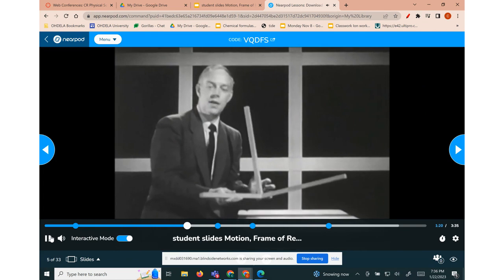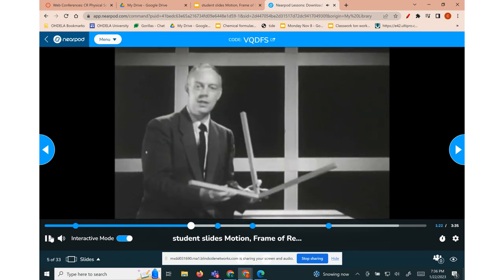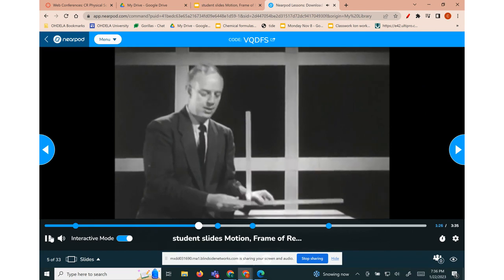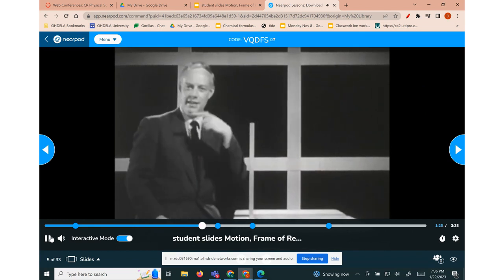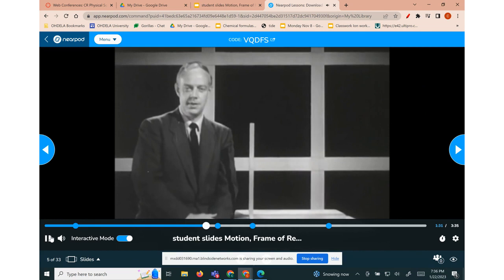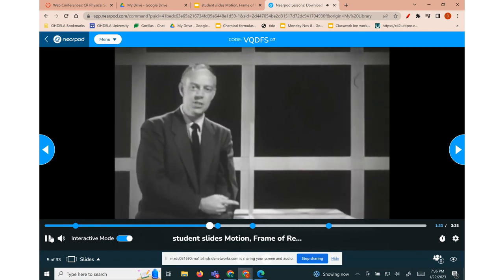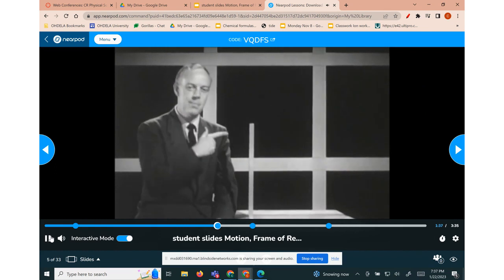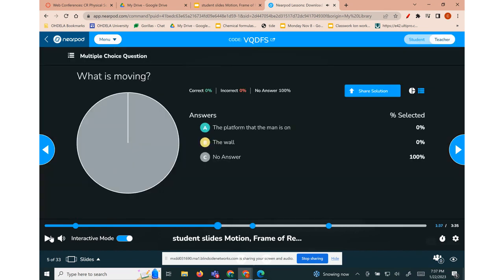This represents a frame of reference. Just 3 rods stuck together so that each is at right angles to the other 2. Now I'm going to move in this direction. You see the frame at the same spot on your screen, but you know I'm moving this way because you see the wall moving this way behind. So what is moving? The platform the man is sitting on or the wall?